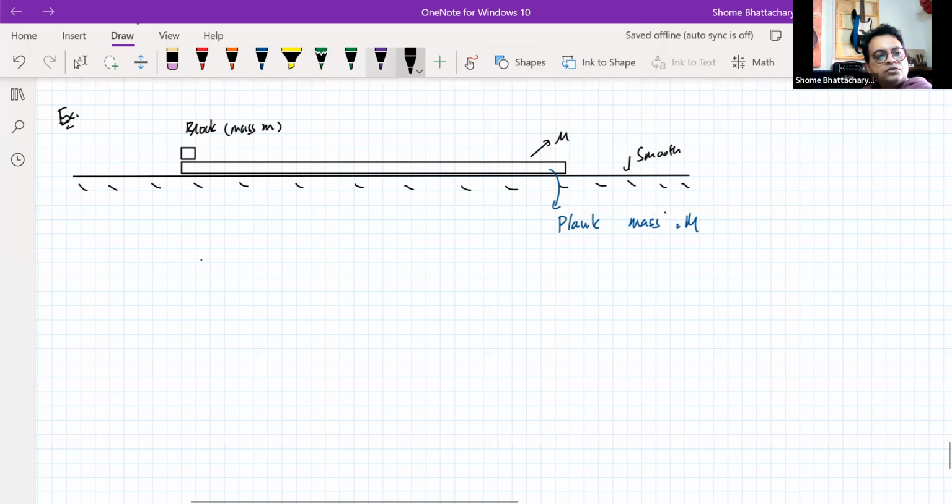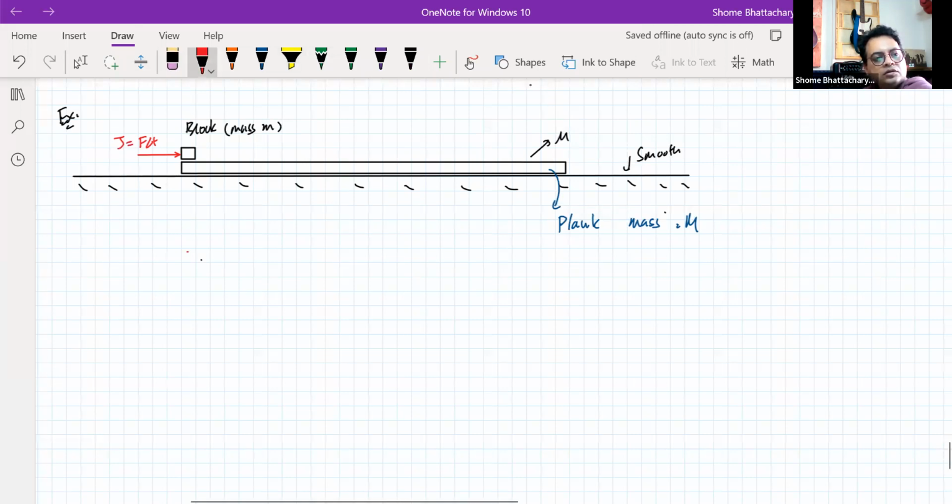And what we do is to set the system into motion, we apply a sharp impulse on this. So it's almost like something is coming and hitting this with a sharp collision and setting the top block into motion initially.